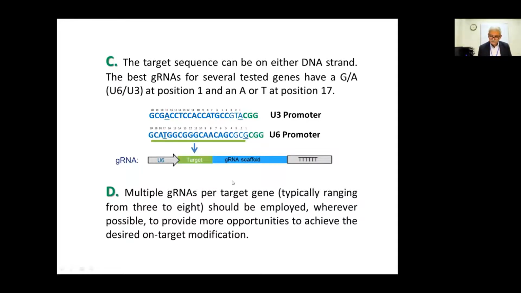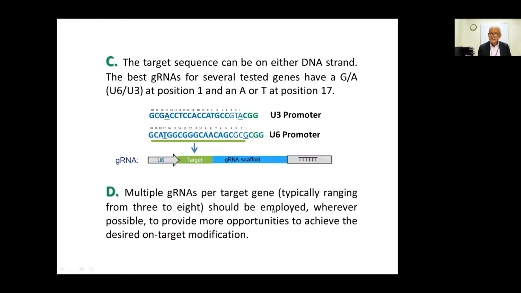The other thing was that multiple gRNAs per target gene, typically ranging from 3 to 8, should be employed. In other words, if you have a target DNA, which is say 100, 200, or 500 nucleotides, instead of selecting a single protospacer, you must design at least 6, 7, 8, or 10 protospacers.